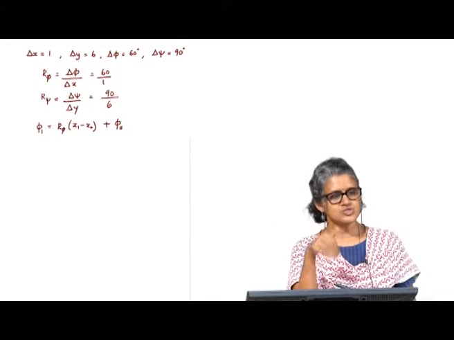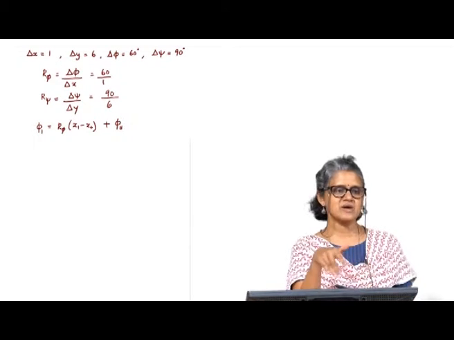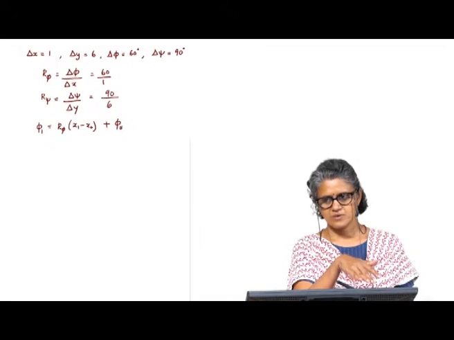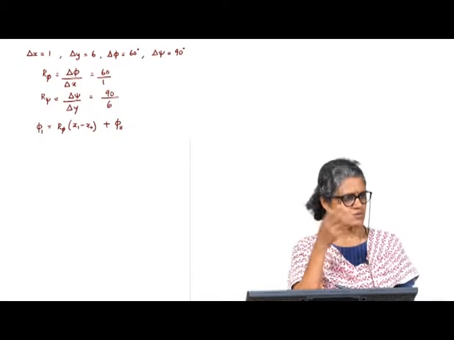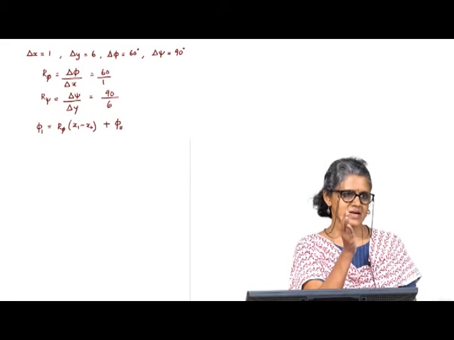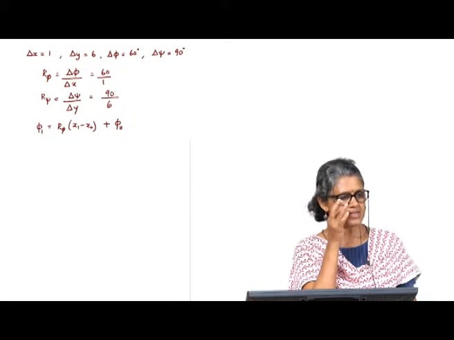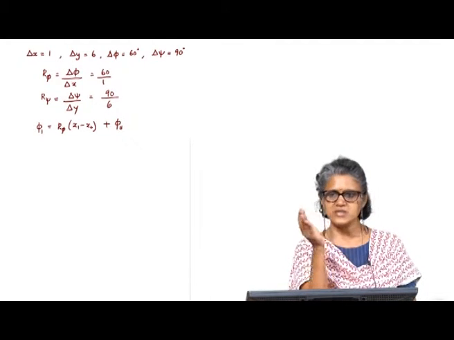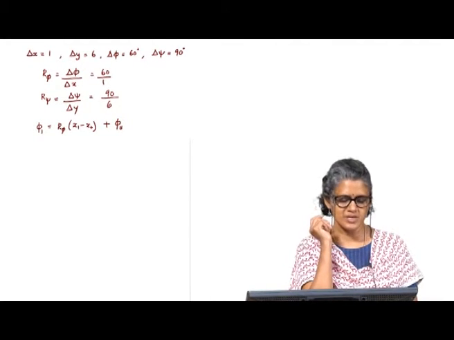You could choose phi naught such that phi 1 will be 0, and everything will just be shifted by a certain angle, because you are interested in the difference from the first position. The angular displacements from the first position is what we are interested in.